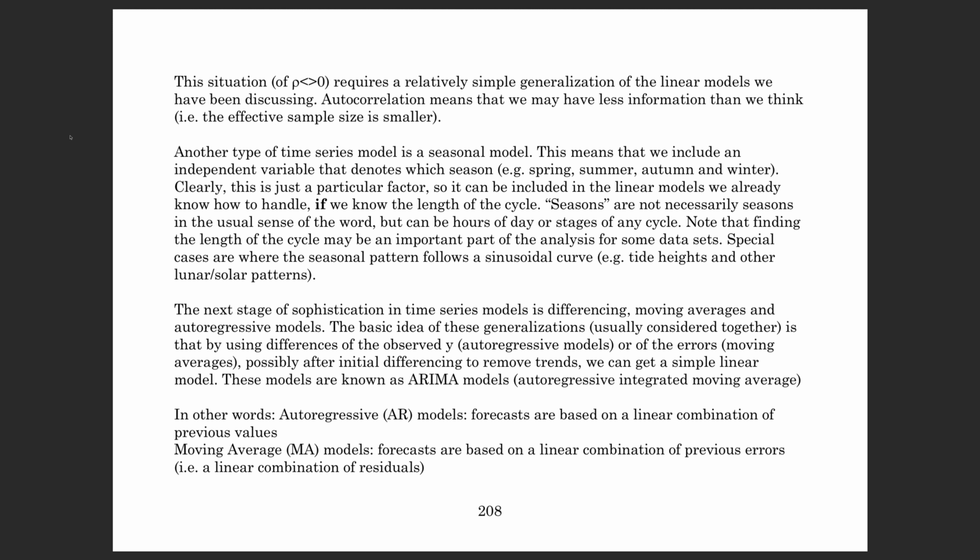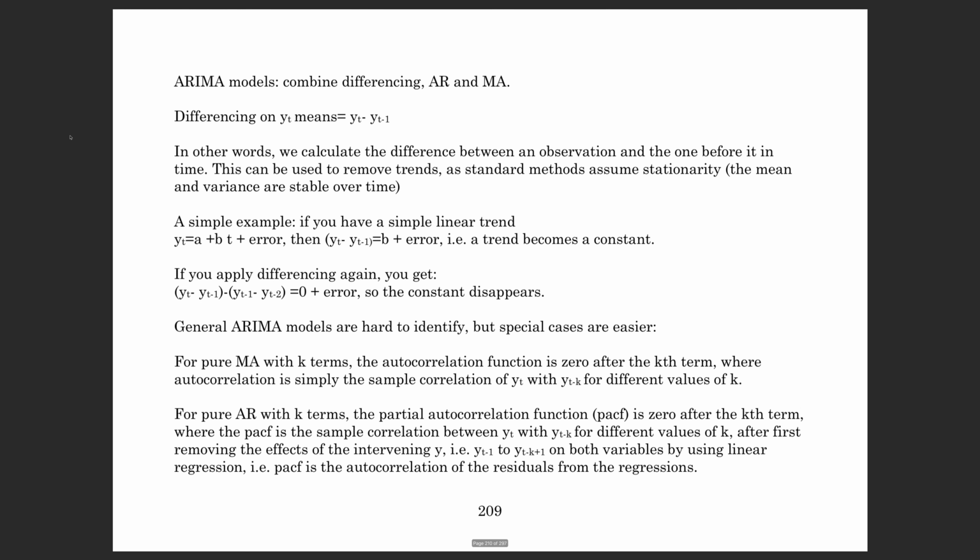An autoregressive model means that any forecasts are based on a linear combination of the previous values. For the moving average, the forecasts are based on a linear combination of the previous errors, meaning a linear combination of the residuals. So these are the two primary ones, plus of course the seasonal effect.